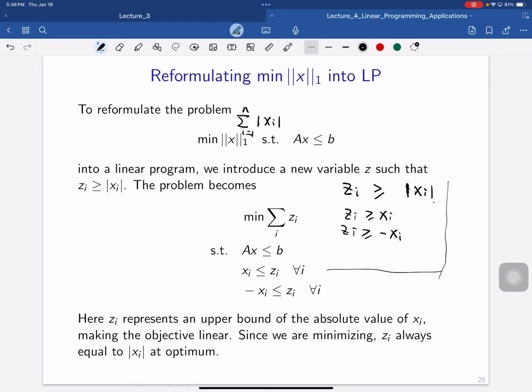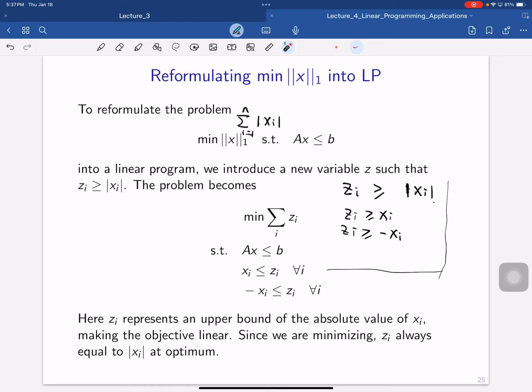So if x_i is a positive number, you have this constraint saying that z_i has to be greater than or equal to x_i. If x_i is a negative number, then the absolute value of x_i is minus x_i, right? And then you have this constraint to enforce z_i to be greater than or equal to the absolute value. That's just a very simple way to say that. And you need to do that for all the i, since it's a one norm, the summation of absolute values. Okay.